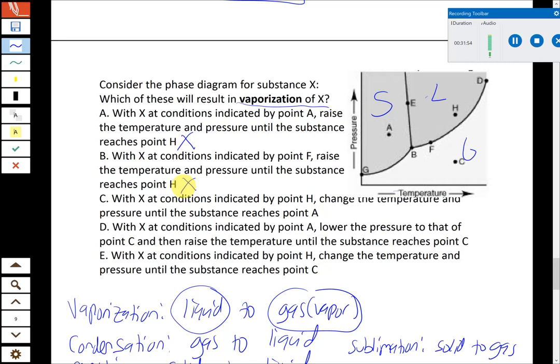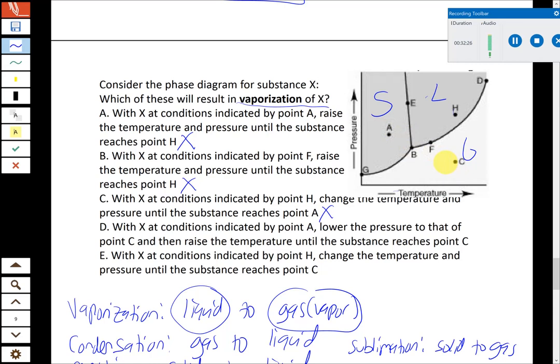And the next one here, we're at X conditions at point H. So we're starting here in choice C in the liquid part of the diagram. And then we're going to change the temperature and pressure until we get to A. But that process here, going from H to A, is going to be liquid to solid. That would be freezing, not vaporization. And then for choice D, X is conditions at point A. We're starting at solid, and then we're going to point C, which is over here in the gas.